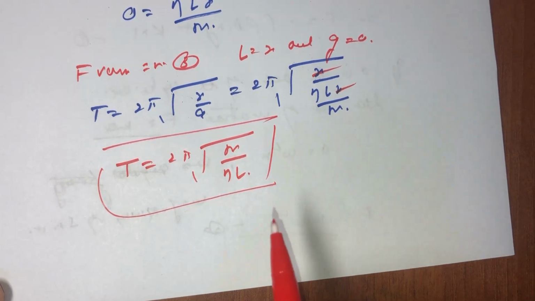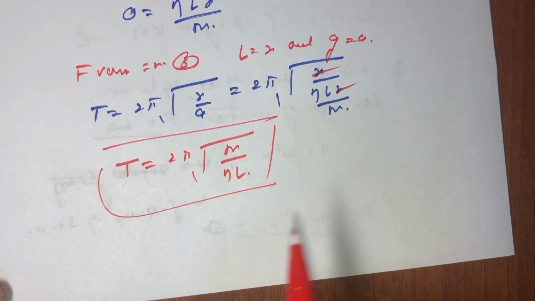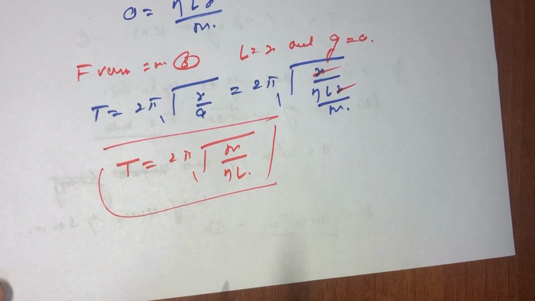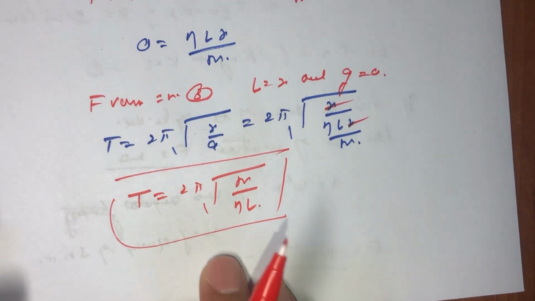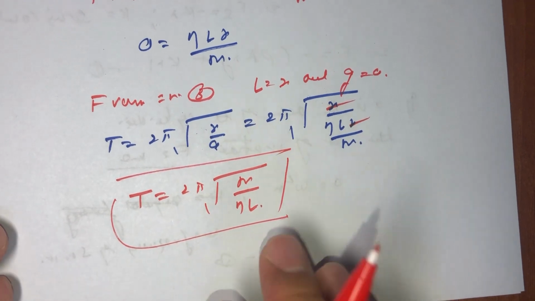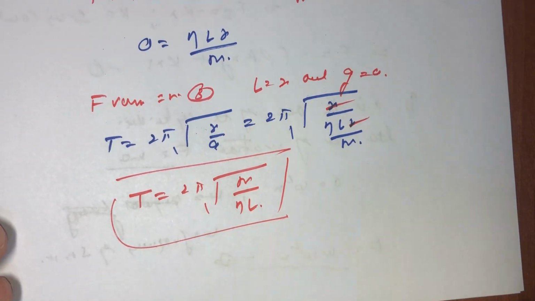In this case also we find η effective, which will be equal to 1 upon η_B plus 1 upon η_C. Okay, so this question can be repeated n number of times.